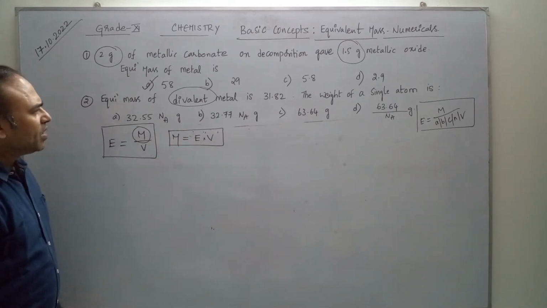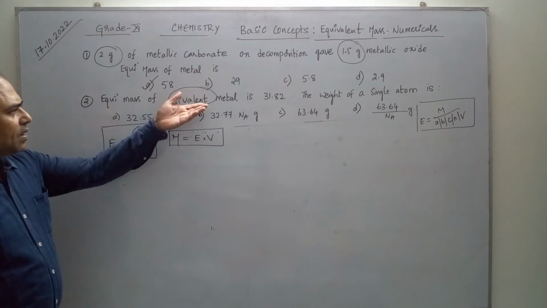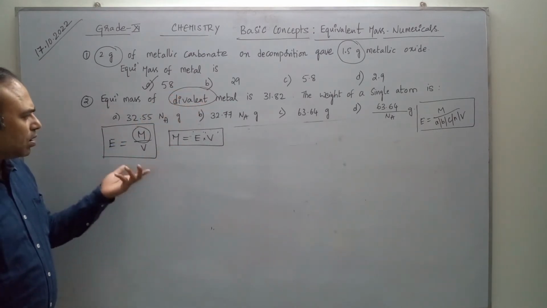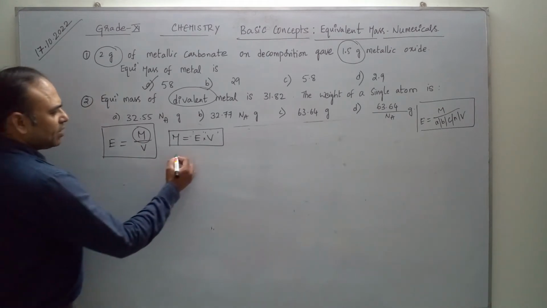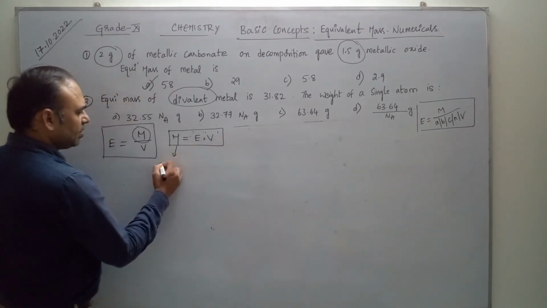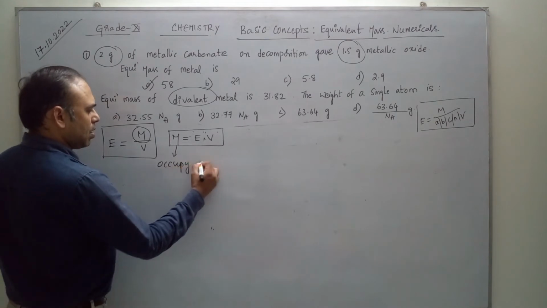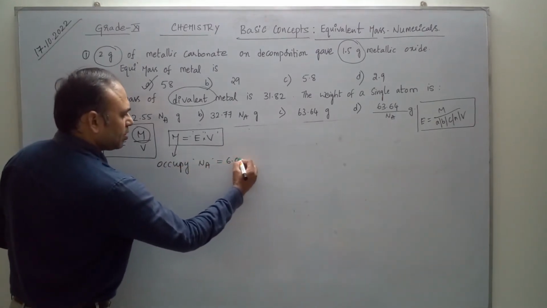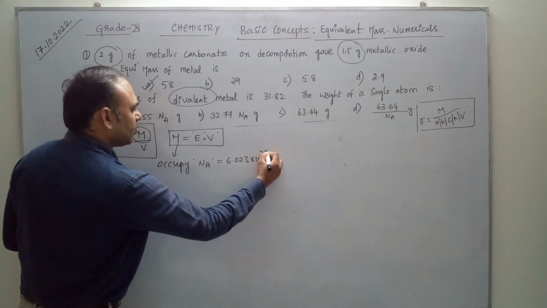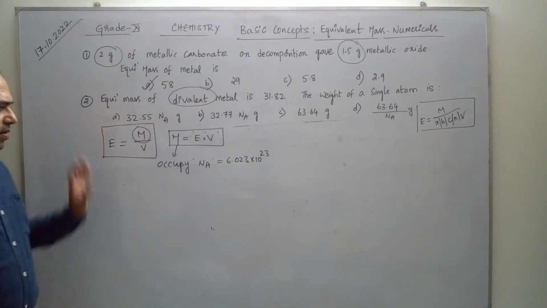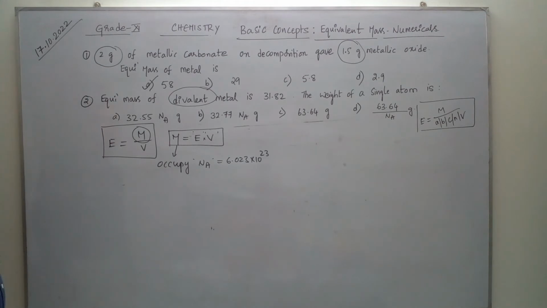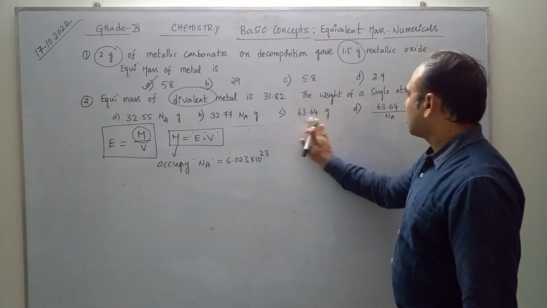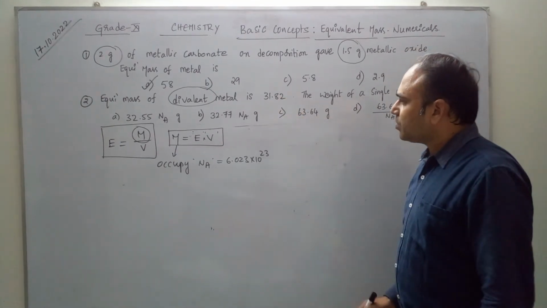Now we can identify that for this particular metal, if you are taking 1 mole or molecular mass, what will happen? It will occupy Avogadro number. So Avogadro number, you know, is 6.023 into 10 to the power of 23 atoms in this case. So now let us substitute this. They have mentioned equivalent mass is 31.82.